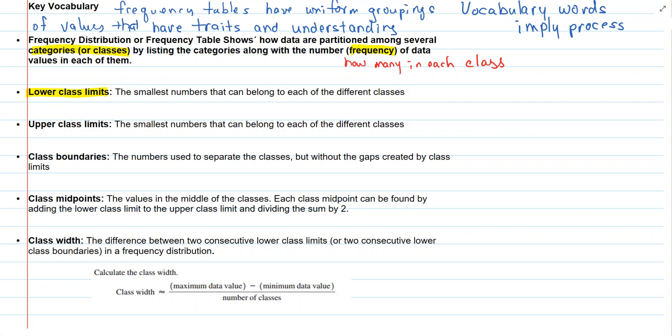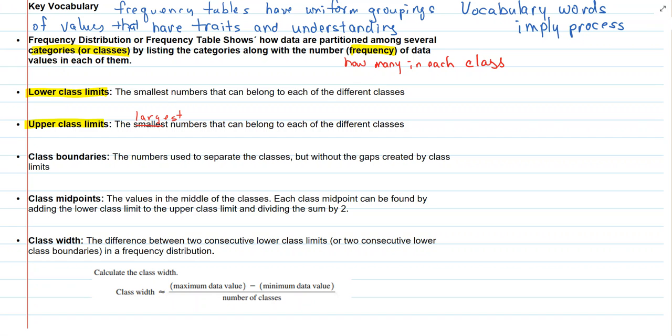The lower is the smallest number that can belong to each of the different classes. And then we have the upper class limits, very easy. The largest, oops, well, only if your instructor typed well. The largest numbers that can belong to each of the different classes.